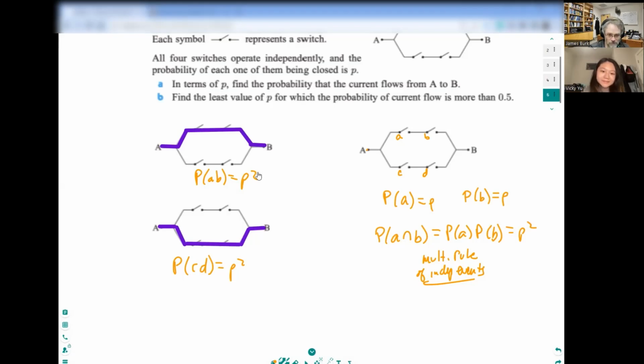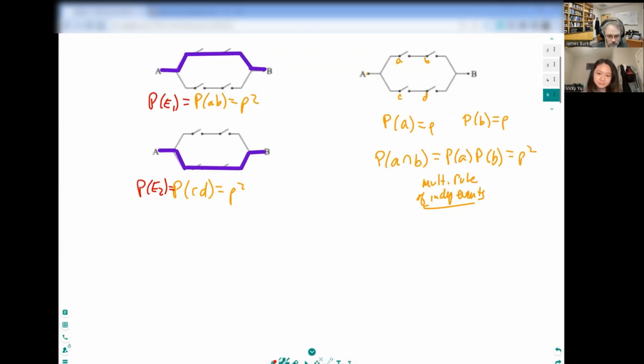Yeah. Now, let's get a little bit more probability-ish about it, if that's such a word. We'll say event 1, event 2. So if I want to complete the circuit, should I have the first one or the second one?